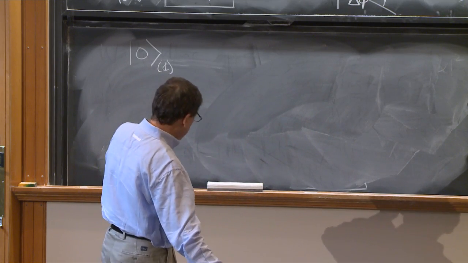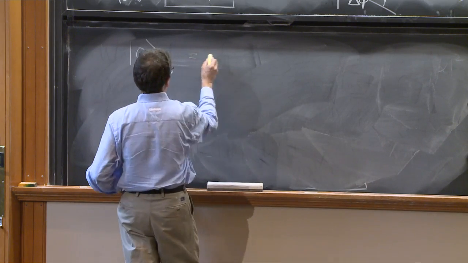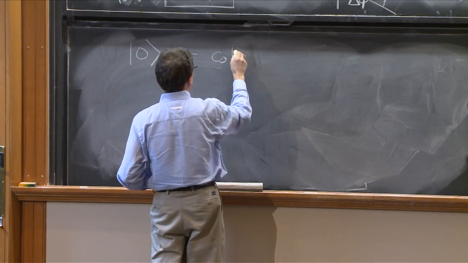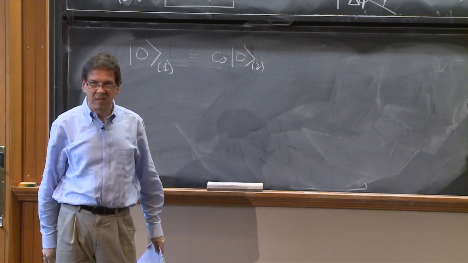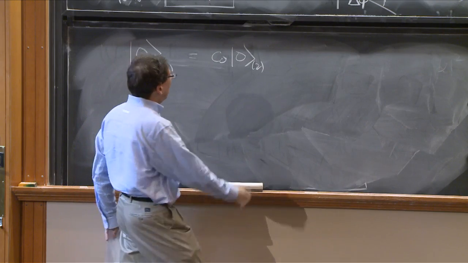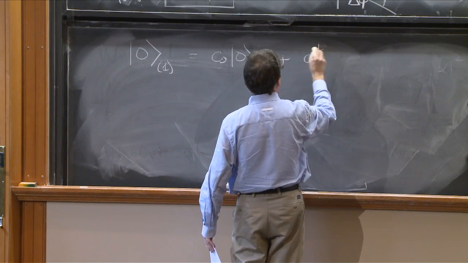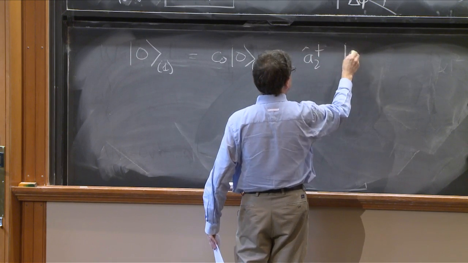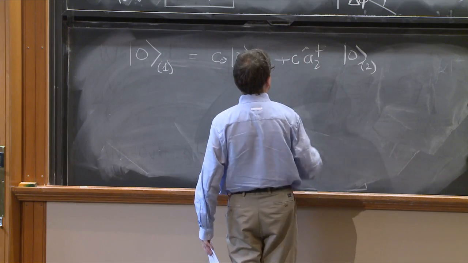So presumably, this state is some number times the ground state of the second oscillator, plus maybe some creation operator on the second vacuum as well with a constant.